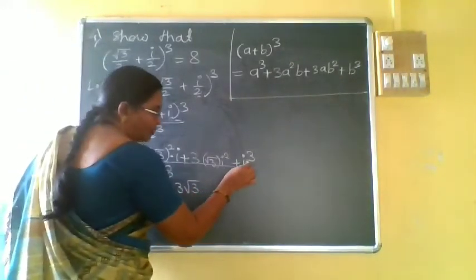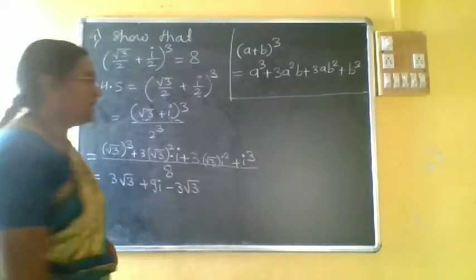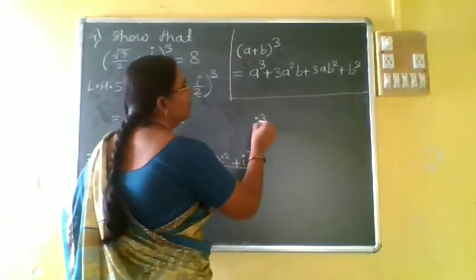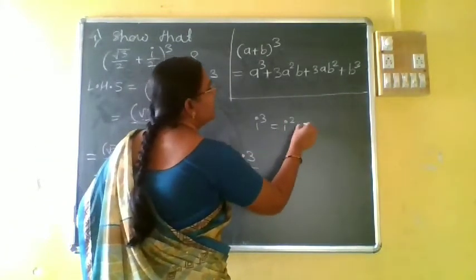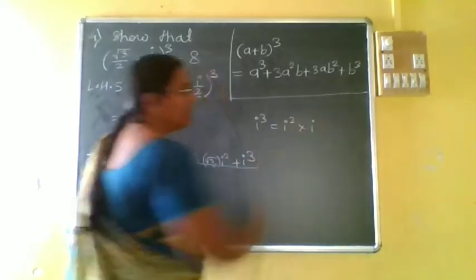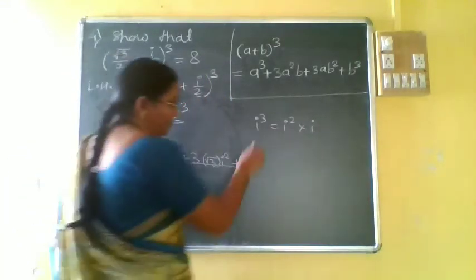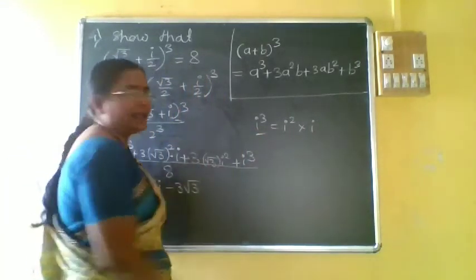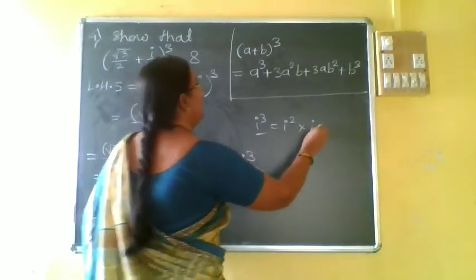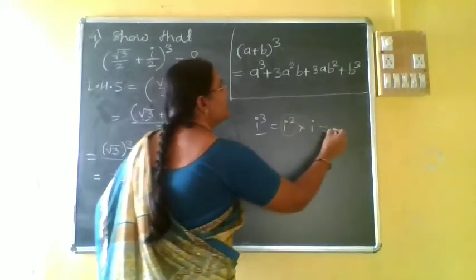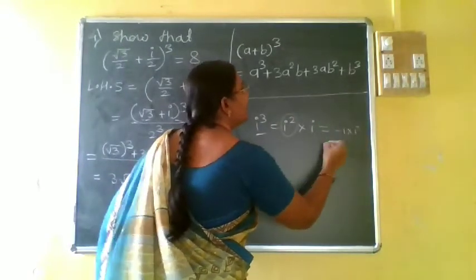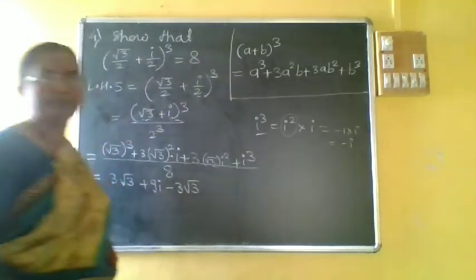Plus i cube. What is the value of i cube? Here we have to solve. i cube can be written in terms of i square into i, and i square means minus 1, so minus 1 into i becomes minus i.